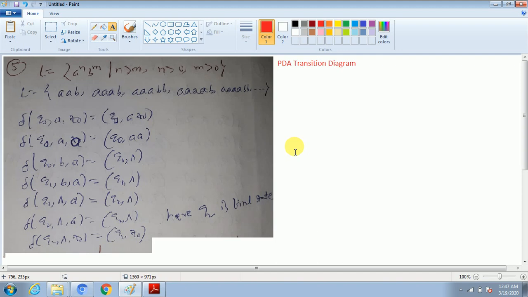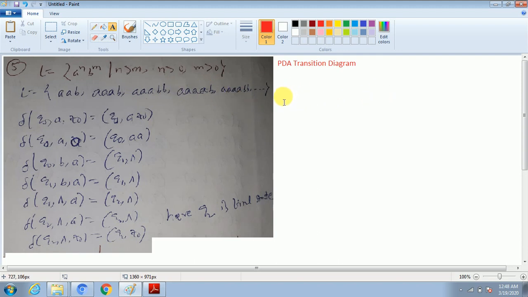In the transition diagram, the vertices are states and an arrow represents the transition flow. If you observe the transition functions, the LHS is the present state, present input and top of the PDS, and the RHS is the next state and how the PDS is modified. For example, the first transition function is Q0, A, Z0 goes to Q0, A Z, that means the same state.